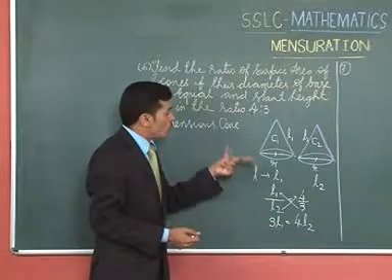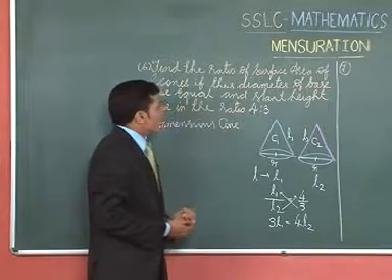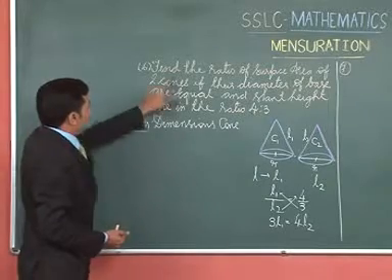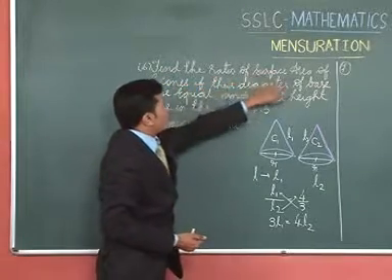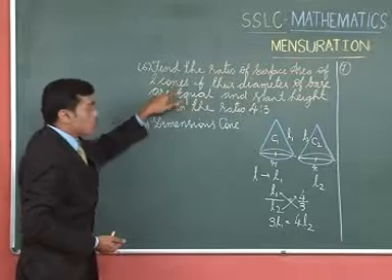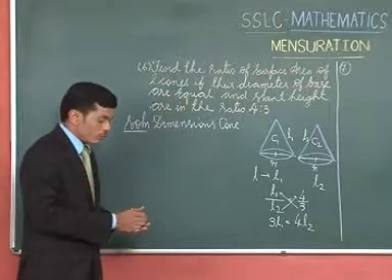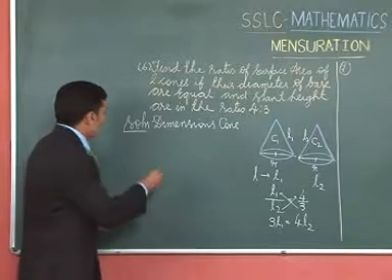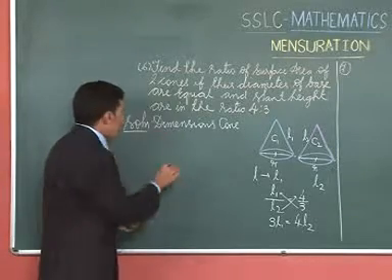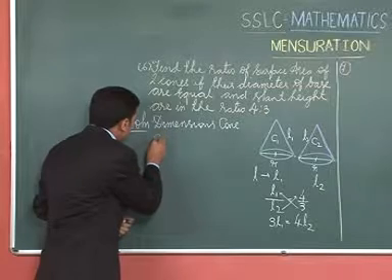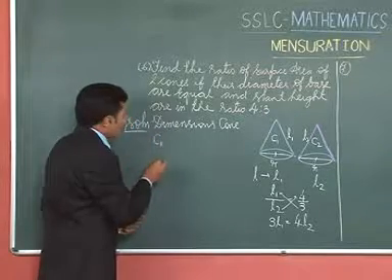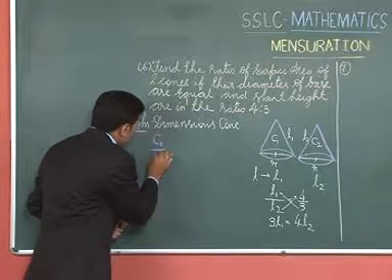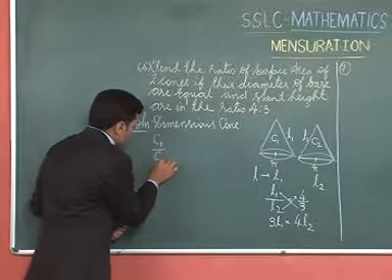So now let us go into the problem. We are asked to find out the ratio of surface area of two cones. So we are asked to find out surface area of both the cones. Let us assume that surface area of cone 1 is C1 and surface area of cone 2 is C2.